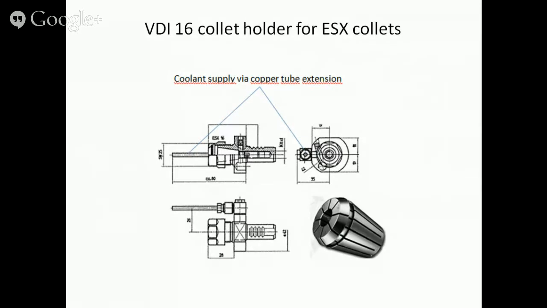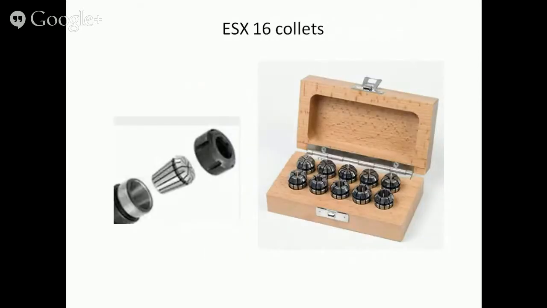Coolant is supplied via a copper tube extension. EXS16 collets are available in sizes of 1 to 10 millimeter diameter. The same collets are also used on Concept Mill 105, the milling machine at our laboratory.